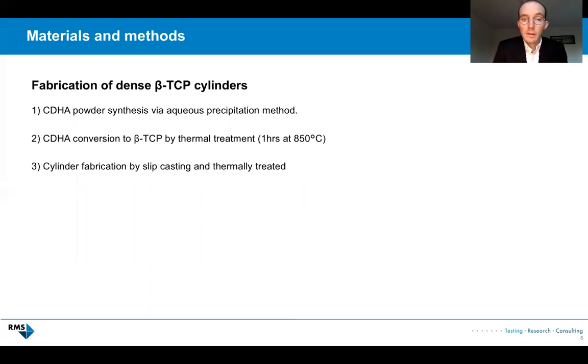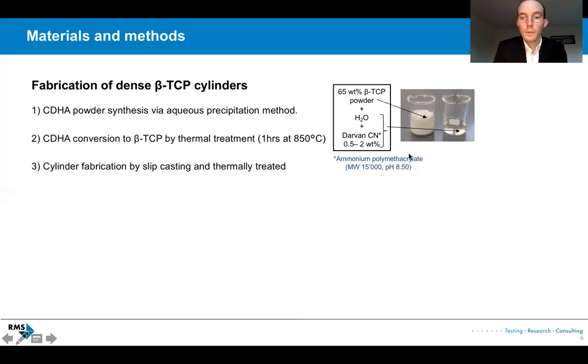To fabricate dense beta-TCP cylinders, first, we had to synthesize calcium-deficient hydroxyapatite powder via an aqueous precipitation method. Then we converted this powder into beta-TCP by a specific thermal treatment at 850 degrees for 1 hour. Then the powder was mixed with water and with Darvan, a dispersant, in order to make a slurry.